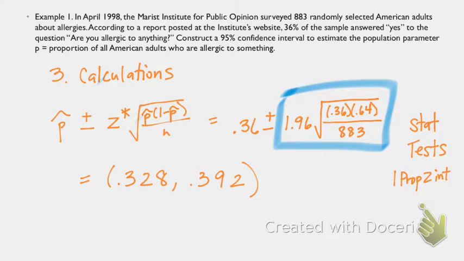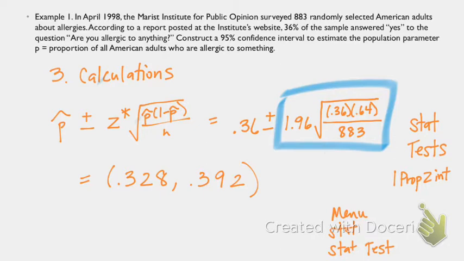If you have an Inspire, then you'll go to menu, stat, calculations, or maybe stat tests, and then it's still 1-prop Z interval.